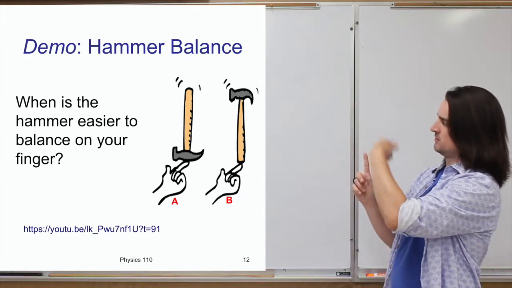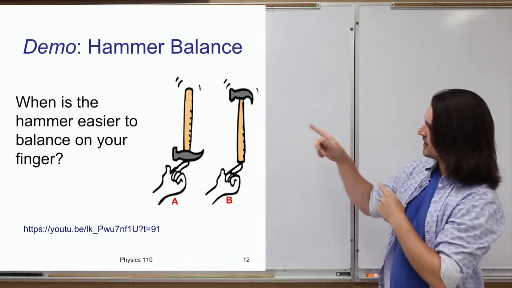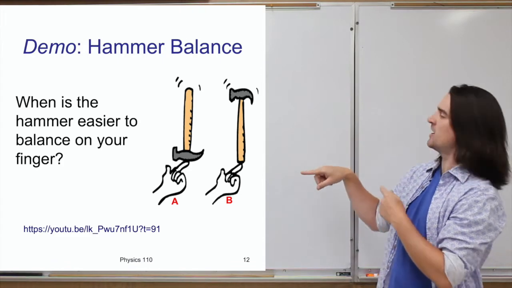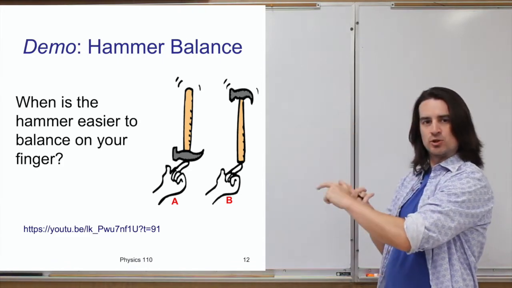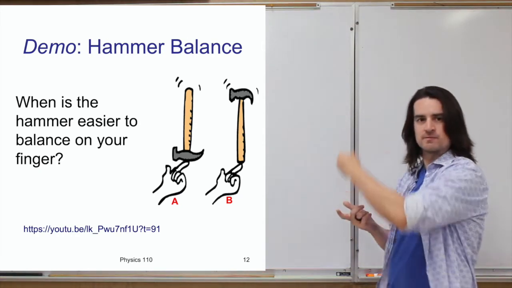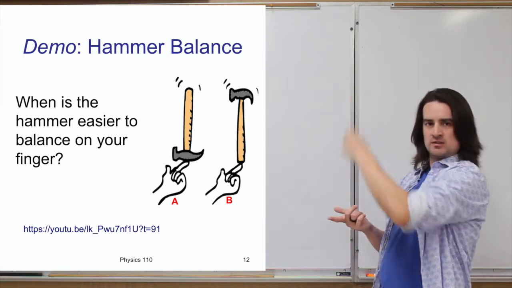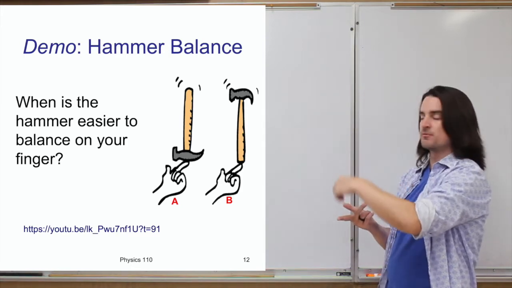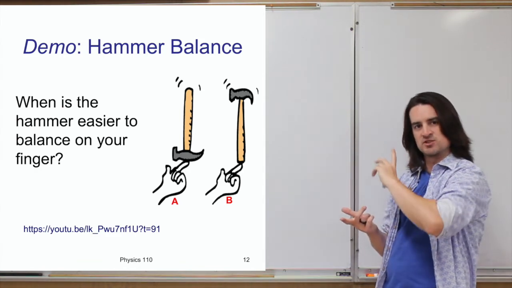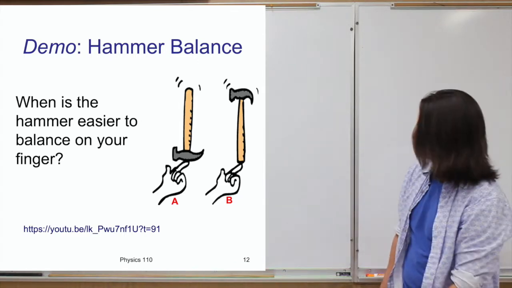But the mass is distributed differently, and in case A, much more of the mass is closer to the axis of rotation. Versus B, more of that mass is further away from the axis of rotation. So when that mass is distributed further away from that axis, it's a larger rotational inertia, meaning it's going to resist rotating. It's going to be easier to balance. And feel free to try that on your own.